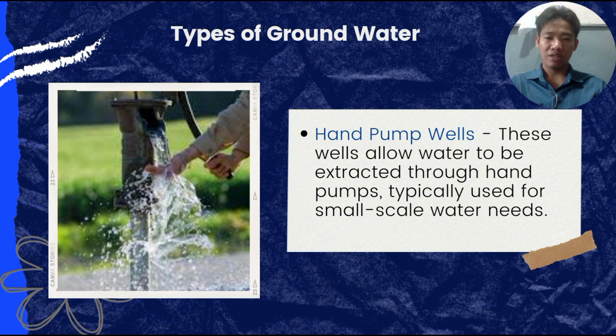As you can see in the figure, we are familiar with this since it is probably found in our homes. It is the hand pump, hand pump wells that can extract water that we can use in our domestic needs.